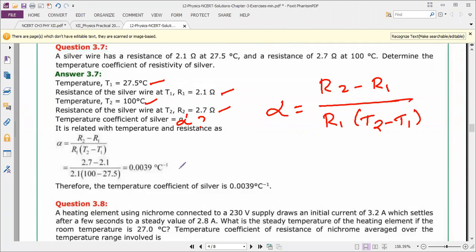So 2.7 minus 2.1 divided by 2.1 into 100 minus 27.5. Everyone do the calculation part and tell me the accurate answer. Say whether it is right or wrong, yes or no. Check it.